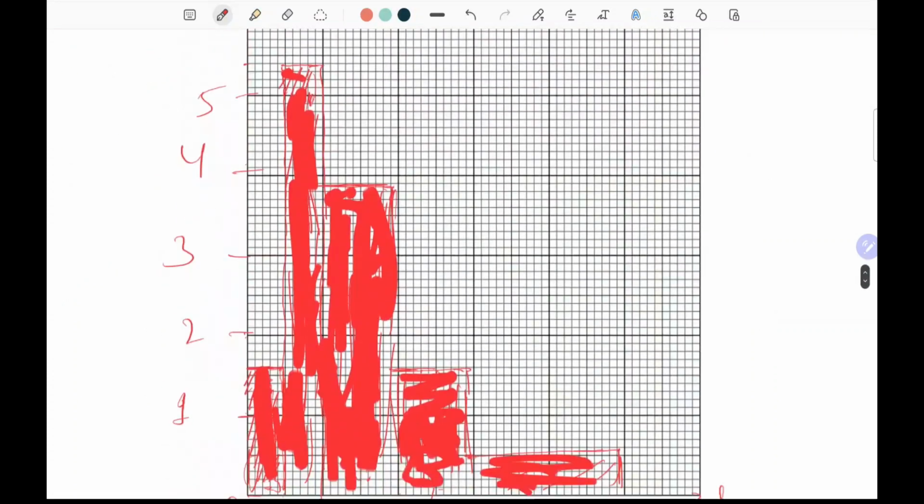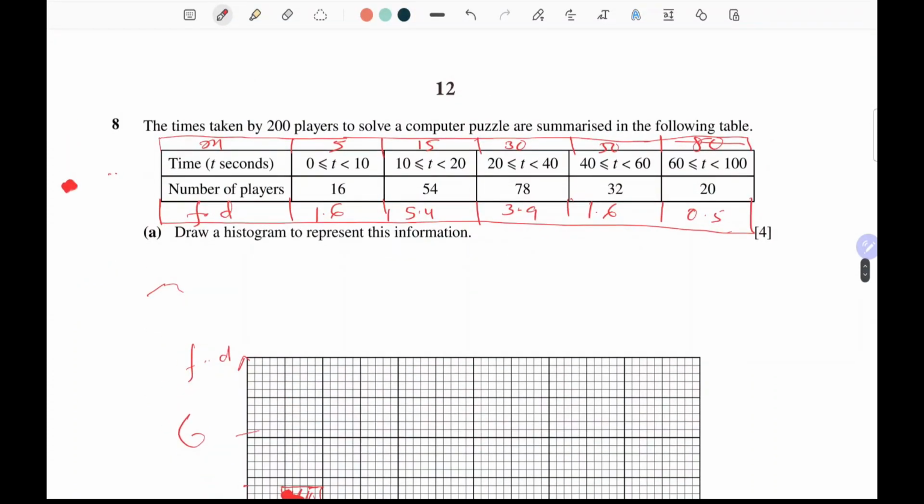So now we have to find the estimation of the mean. So we need to multiply by the frequency as well. So guys, this is MF. Multiply 5 times 16. How much? 5 times 16, guys? 80. Okay, so 15 times 54. How much?